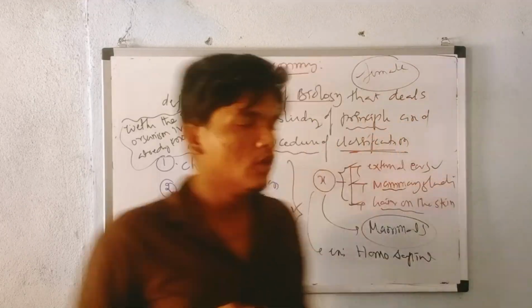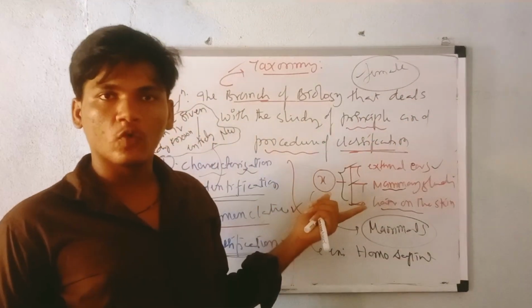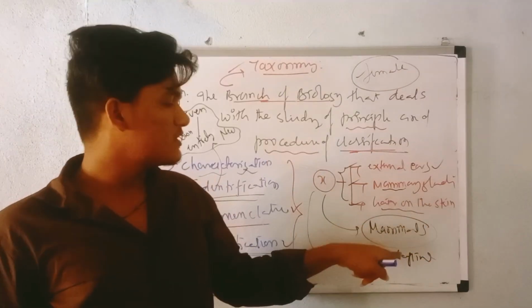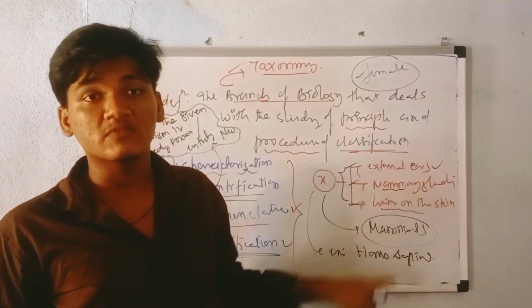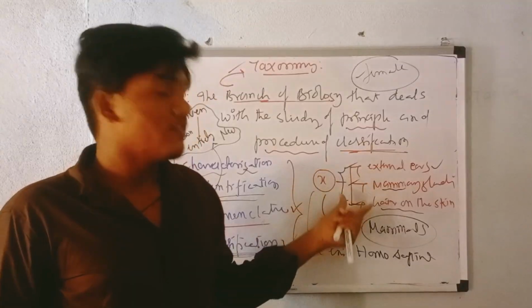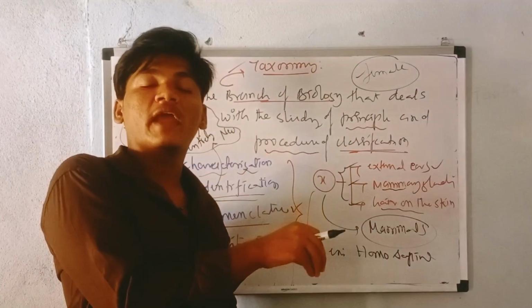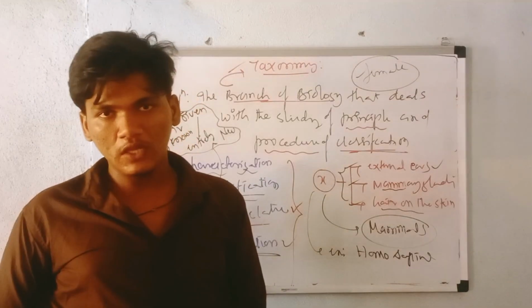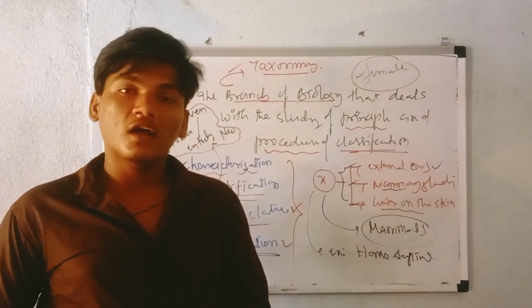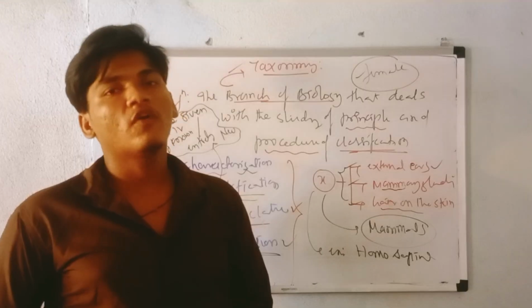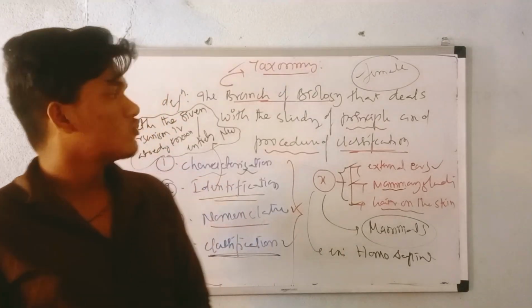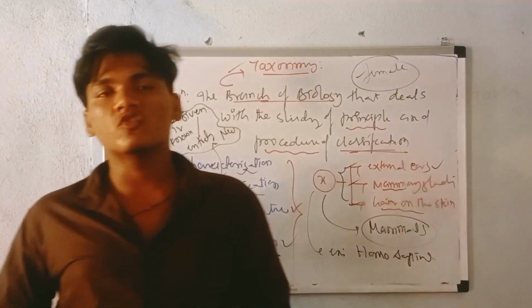Which means that for the X organism given to you, we know that organism, it's a mammal, right? By identifying the characters, we place the X organism into the mammals. If it is not known to you, you can refer to Wikipedia like that. So this is about the term taxonomy.